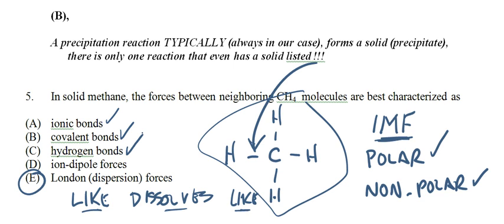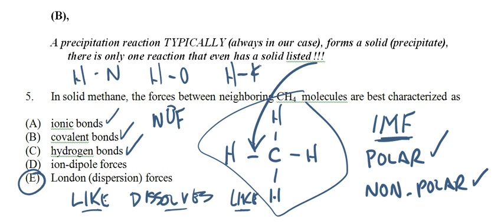Okay. Hydrogen bonds, we have to have a polar compound, and we also have to have NOF. Now, what NOF is, a hydrogen is attached to a nitrogen, or a hydrogen is attached to an oxygen, or a hydrogen is attached to a fluorine. Now, here's where the big mistake comes into play. It's like, well, I thought they were intermolecular forces. Why are they sharing electrons?